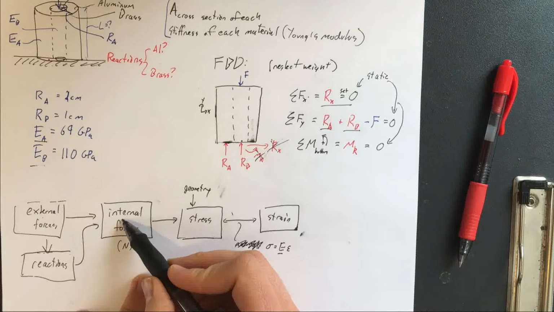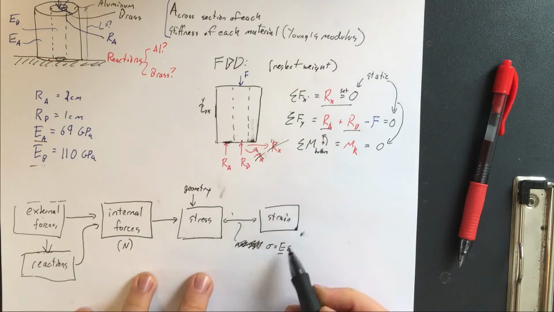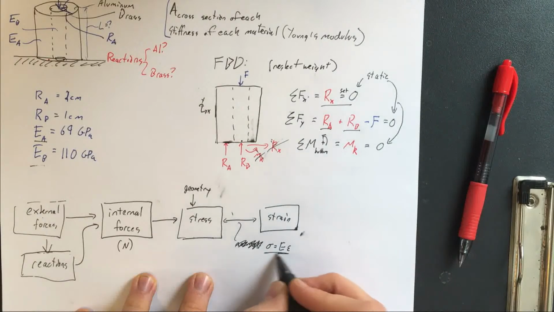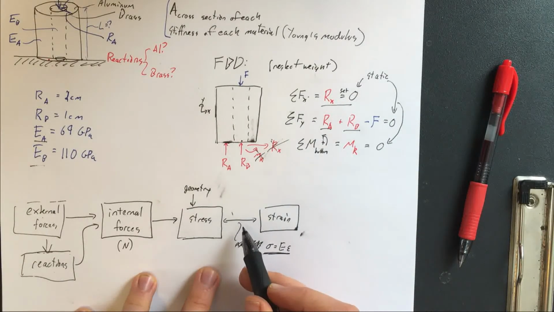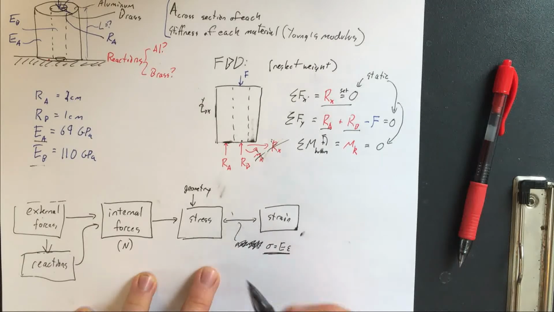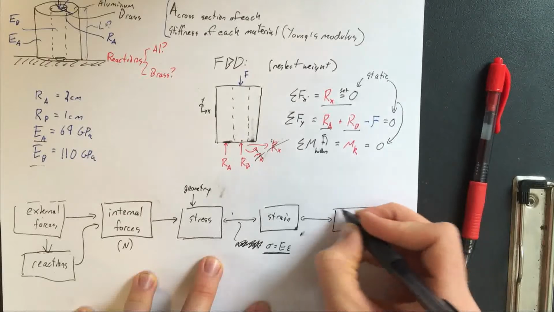So we'll be able to relate internal forces to stress via geometry. We'll be able to relate stress to strain via being in the linear region of the stress-strain curve. And then we can relate strain to displacement.